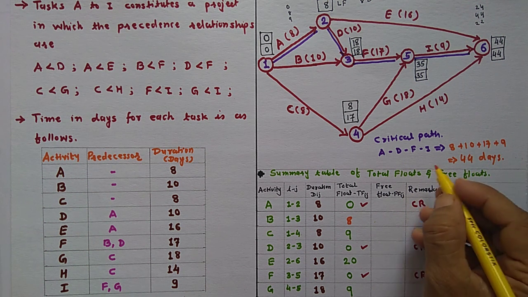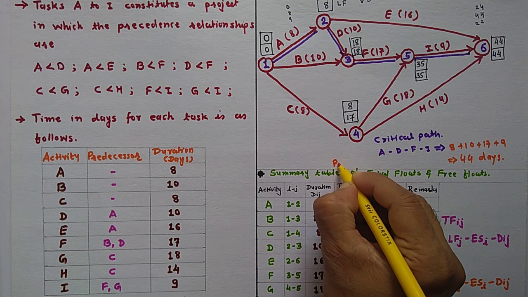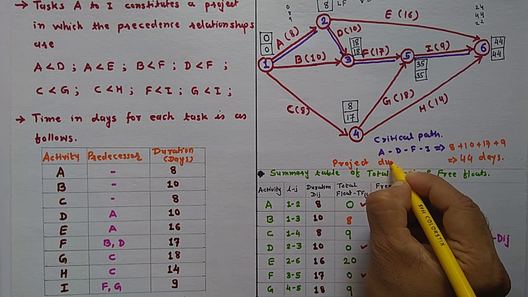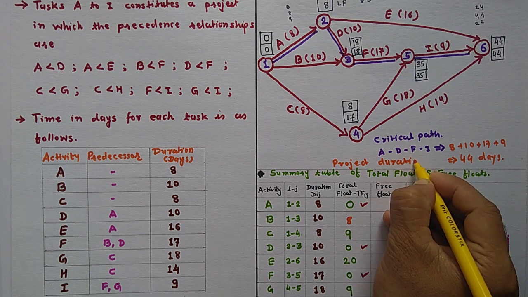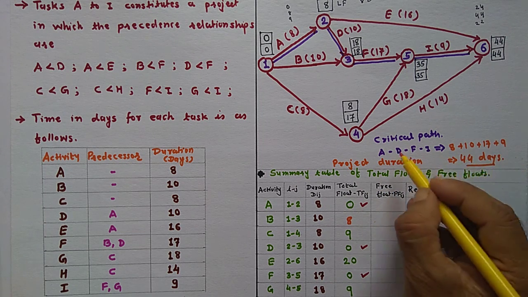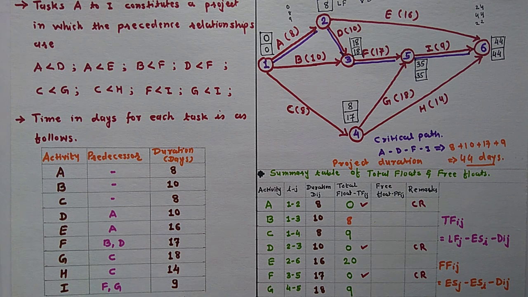So your project duration is 44 days, and your critical path is A, D, F and I.